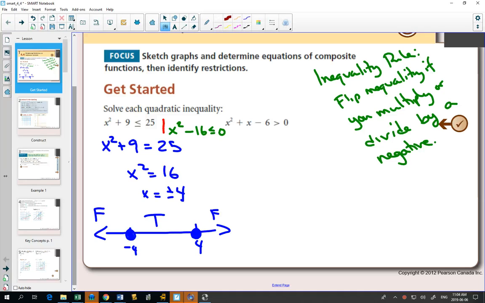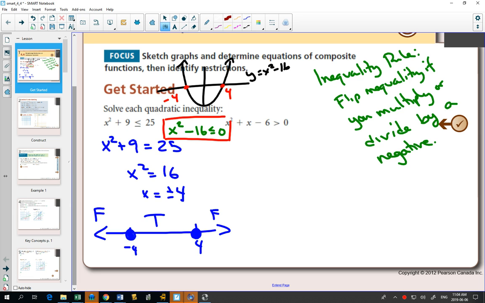Now, with this inequality, x squared minus 16 less than 0, if you graphed x squared minus 16, would you agree that'd be a parabola that's moved down 16 units? And it happens to have x-intercepts at negative 4 and 4. When we graph this, we're graphing y equals x squared minus 16.